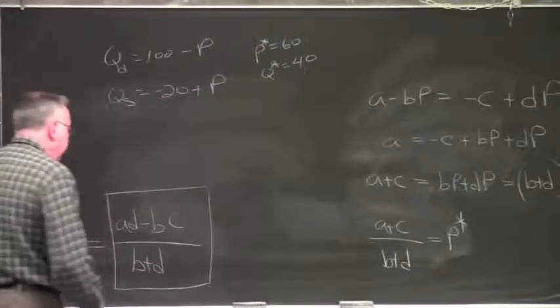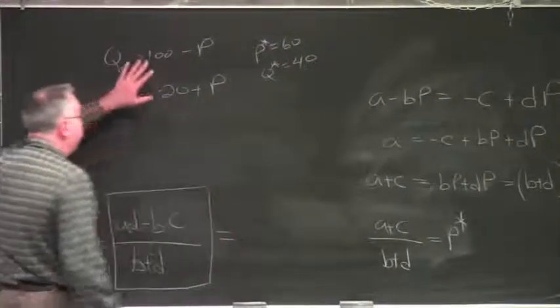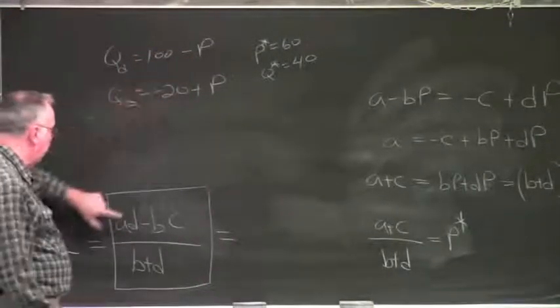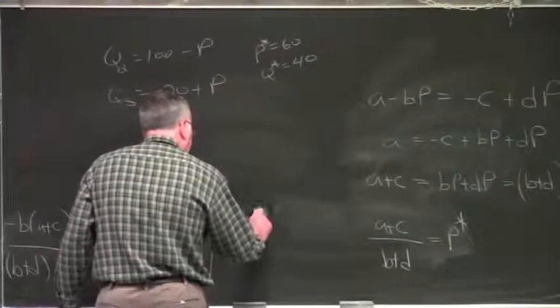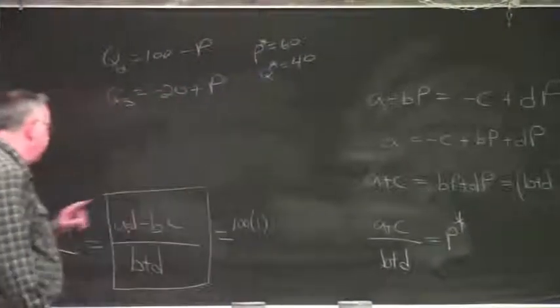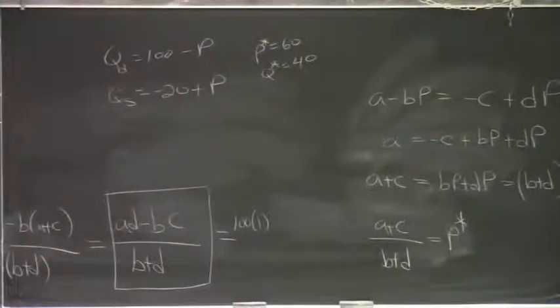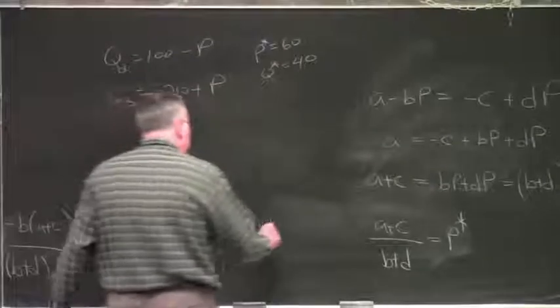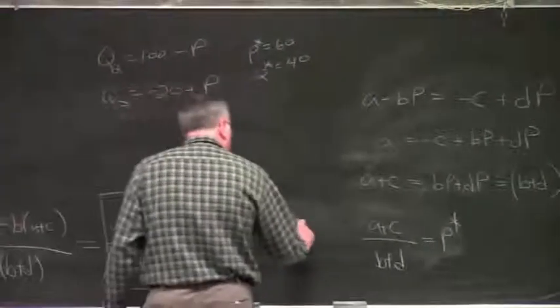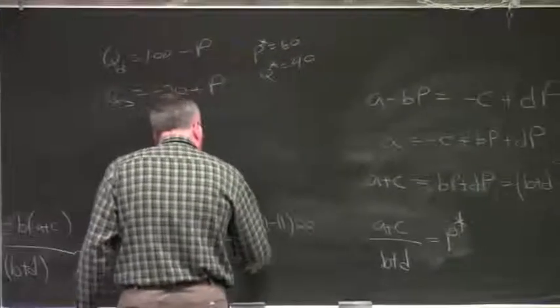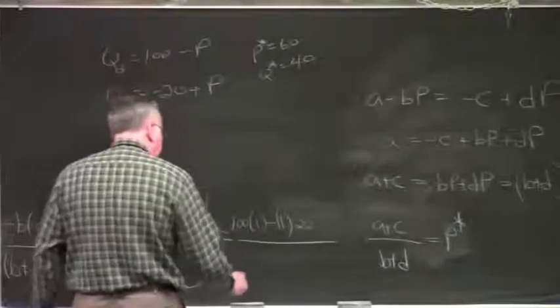We just substitute in, or in this particular case right here, we get 100 times 1, D is 1, minus 1, B was 1, times C, and C was 20, over B plus D, 1 plus 1.